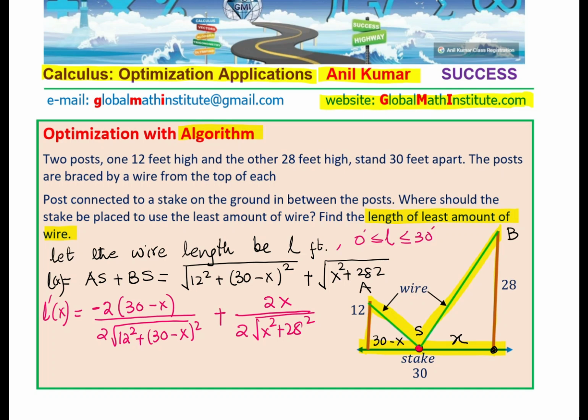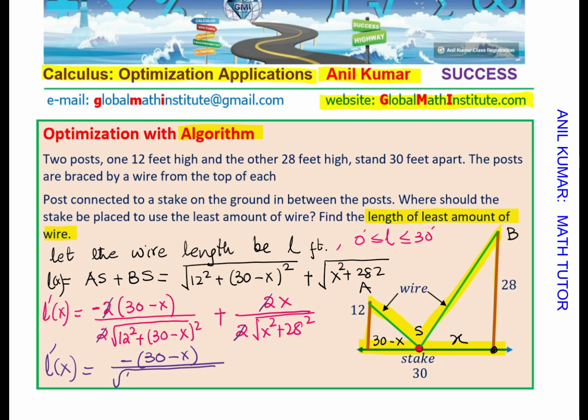So that becomes the derivative of the given function. We can simplify this, cancelling these 2's, right? So we have the derivative as minus (30 minus x) over square root of 12 squared plus (30 minus x) whole squared, plus x over square root of x squared plus 28 squared.